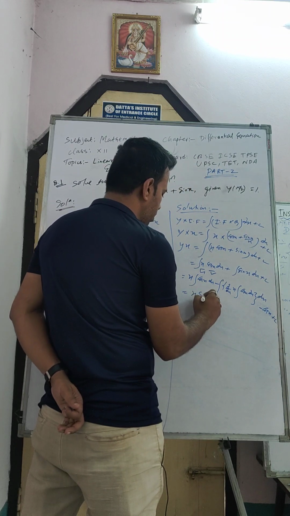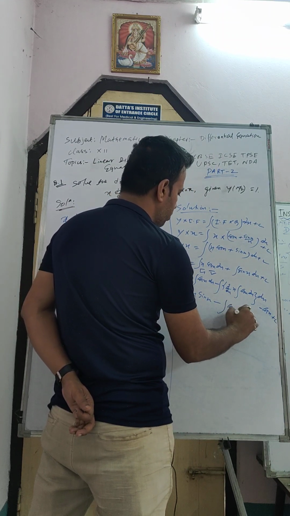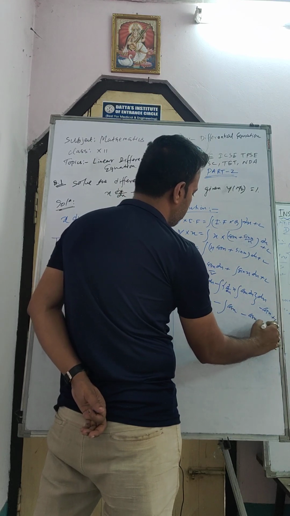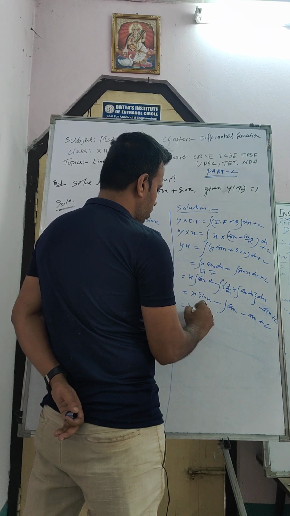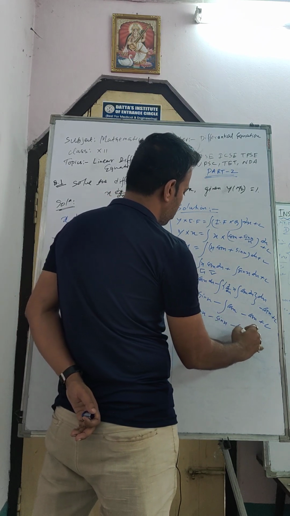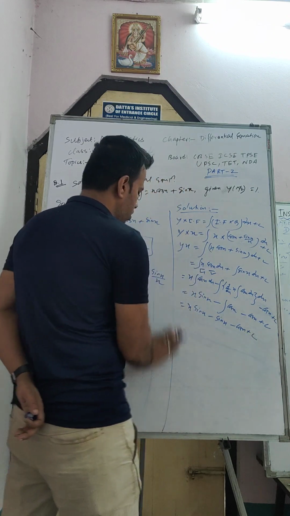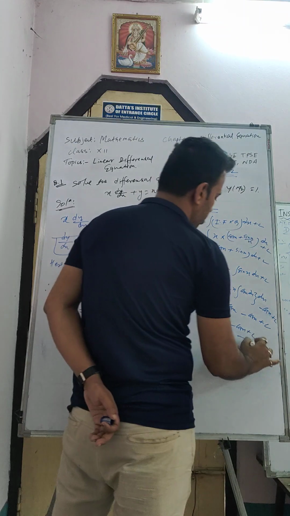So it will be x sin x minus cos x plus c. So y into x will be like that.